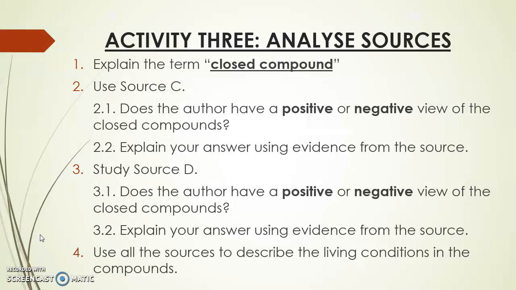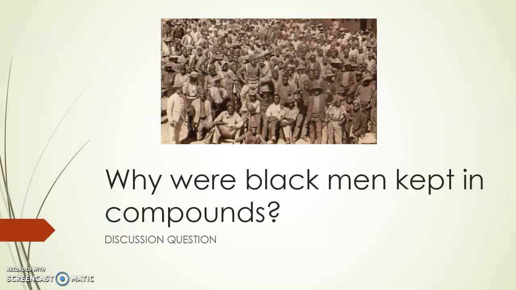So that gives us an end to the answers for activity 3. I can't believe it took a whole lesson to do that. So what I'm going to do now is leave you with a few discussion questions, a few things just to think about before we go to the next lesson. Why were the black men kept in the compounds?